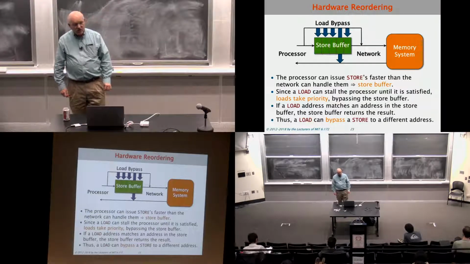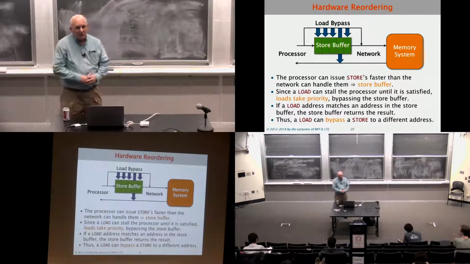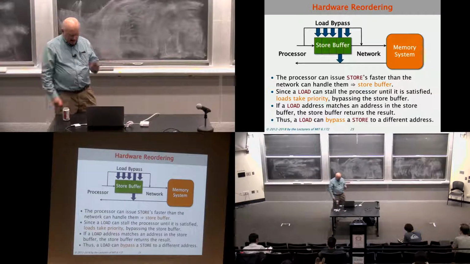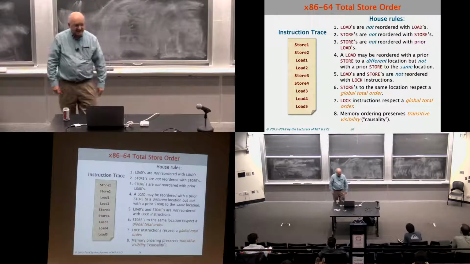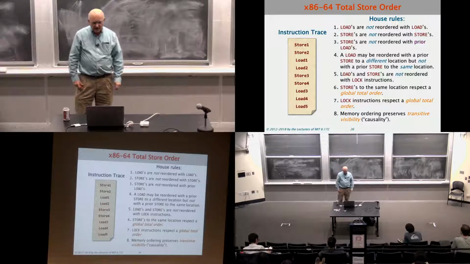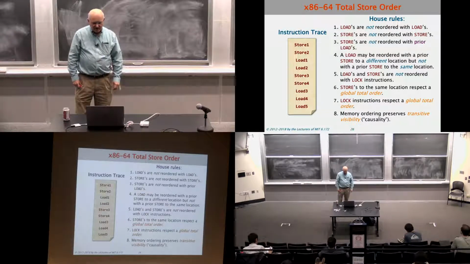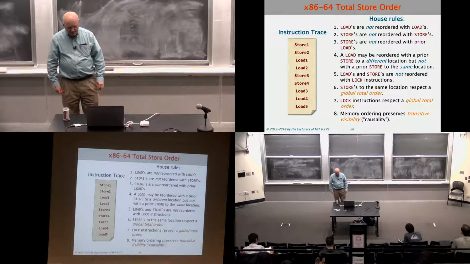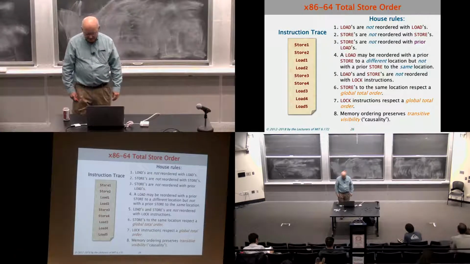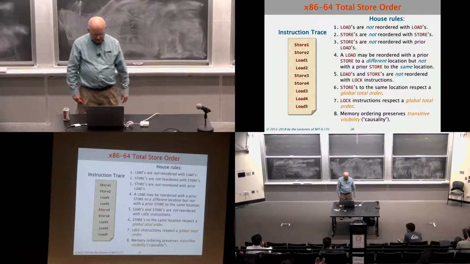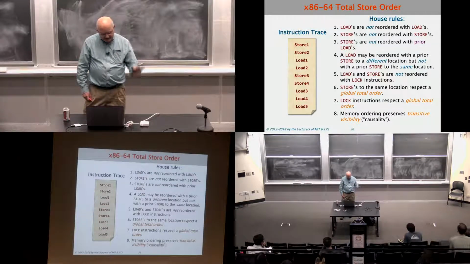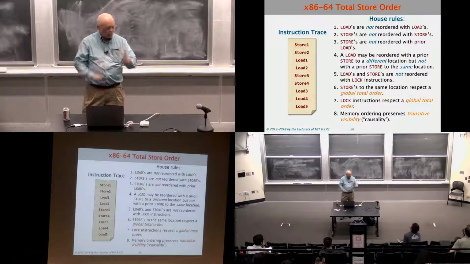But it's not as if all bets are off. In fact, x86 has a memory consistency model they call total store order. Here are the rules. It's a weaker model, and some of it is sequentially consistent. You're talking about what can be reordered.